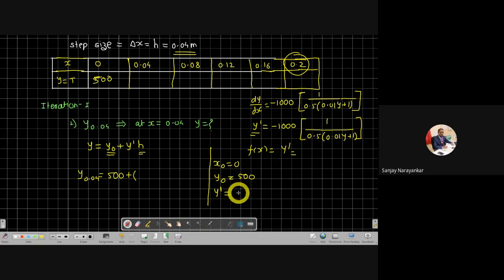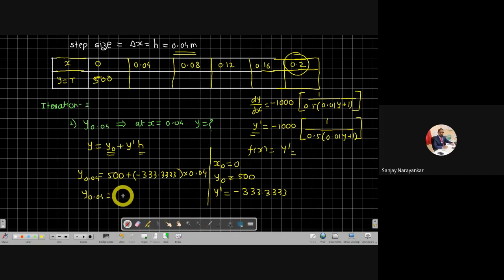Is it positive, negative? Negative. Minus 333.3333. Is that correct one? Okay, I'll write the same. Minus 333.3333 into, what's the h? 0.04. Now you will get the y value at 0.04.